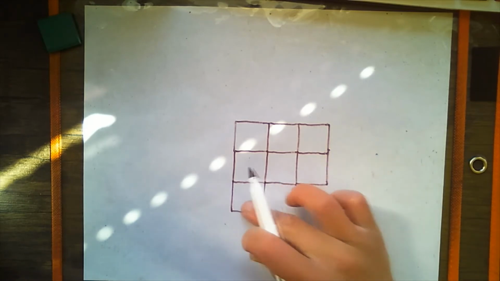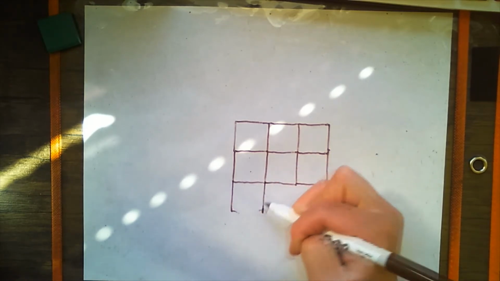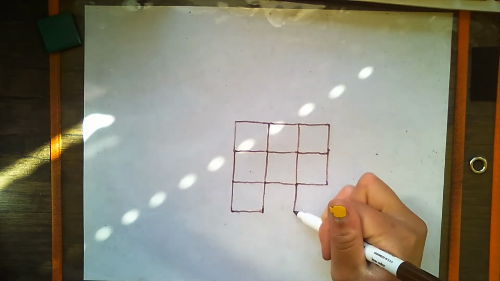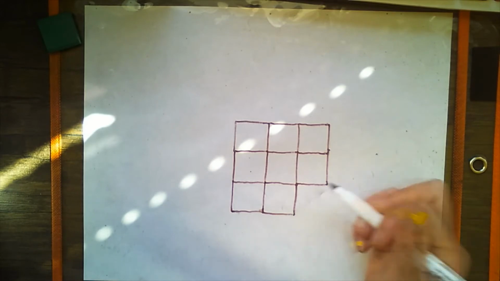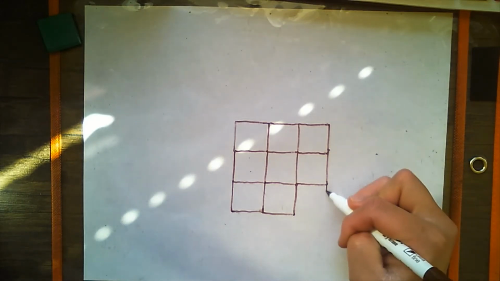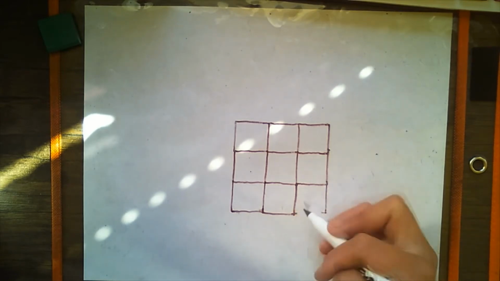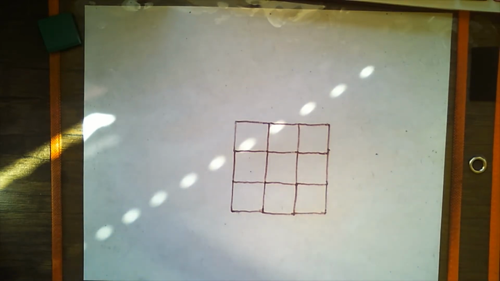Oh, make sure it's closed. Oh, this side looks a little bit too short. Let's try that again. Wonderful. Great, and then let's go ahead and keep going. And my friends, you do your best. It does not need to be perfect, but it does need to be neat. Now I have my 3 rows of 3 squares.